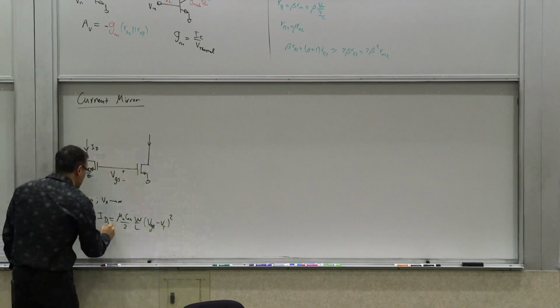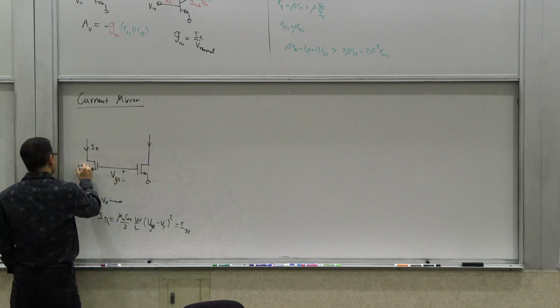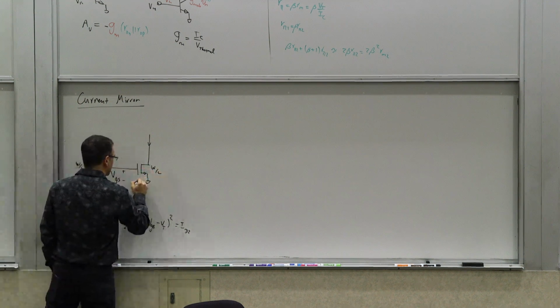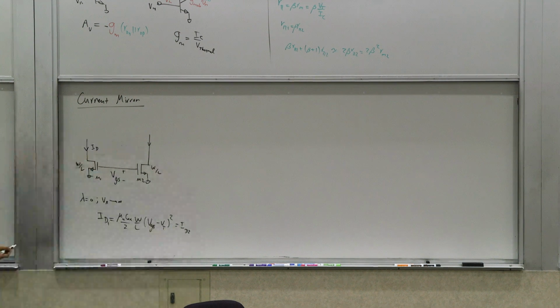So ID1 and ID2 are going to be the same, given the W over L of M1 and M2. They're sharing the same VGS.